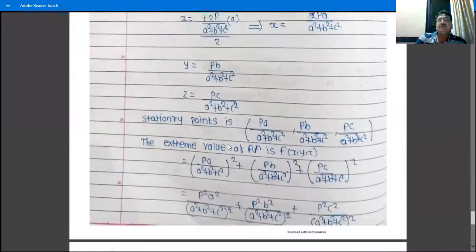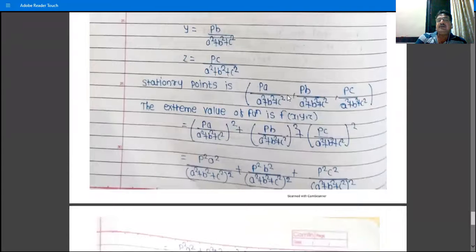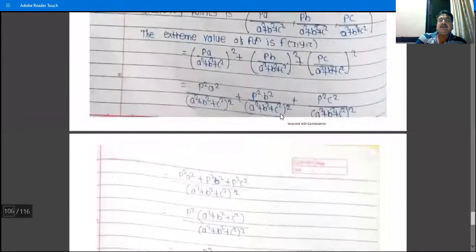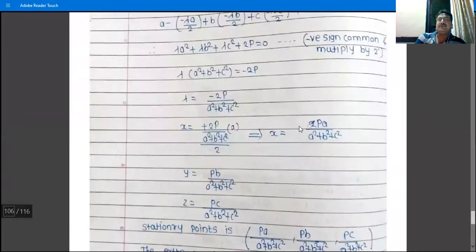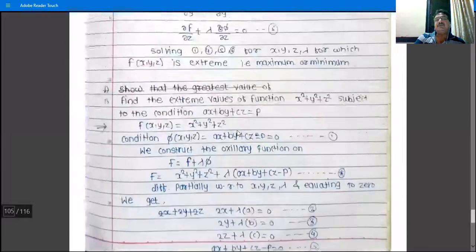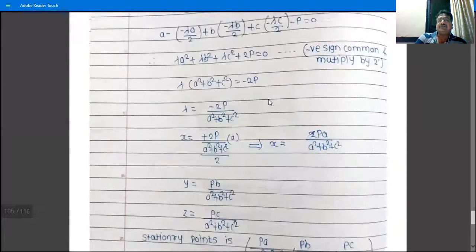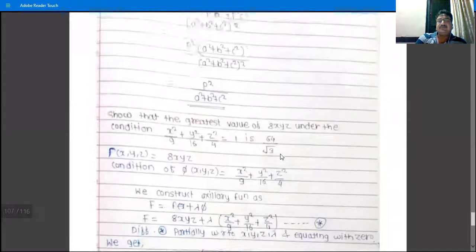If there is no condition to decide whether this value is maximum or minimum at this point, just write the extreme value, meaning the maximum or minimum value of the function. So this is one procedure to determine the extreme value of three variable functions: find the stationary points and write the value of the function at that point, which is the extreme value.